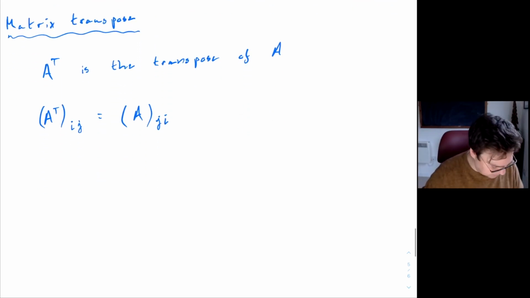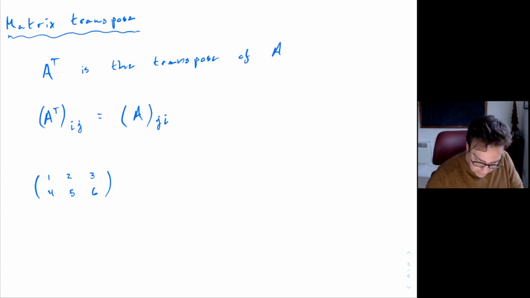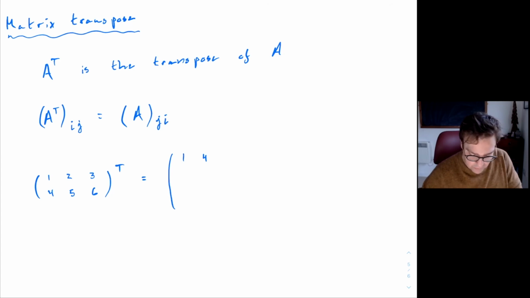So let's do an example. 1, 2, 3, 4, 5, 6. That's a 2x3 matrix. Let's take its transpose. It looks like this. 1, 4. So column 1 becomes row 1, column 2 becomes row 2, and column 3 becomes row 3.